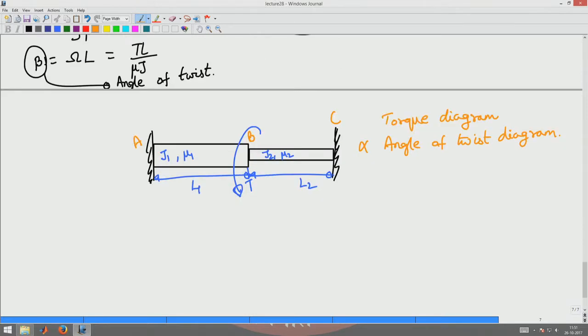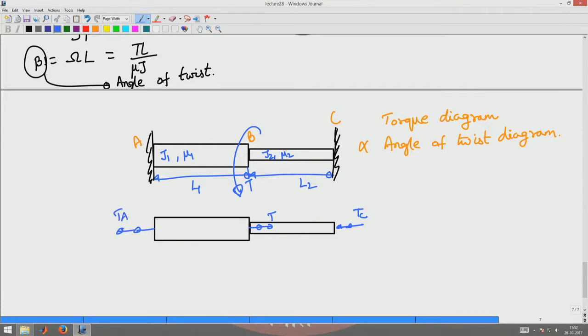Now, I know I have applied a torque T. This is a statically indeterminate problem because there are two fixed ends. Draw the free body diagram of the structure. There is a torque T applied here. There will be a reaction torque Tc there, and there will be a reaction torque Ta here.